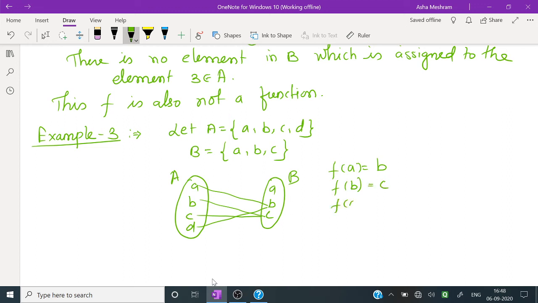So here we can see that f of a equal to b, f of b equal to c, f of c equal to c, and f of d equal to b.